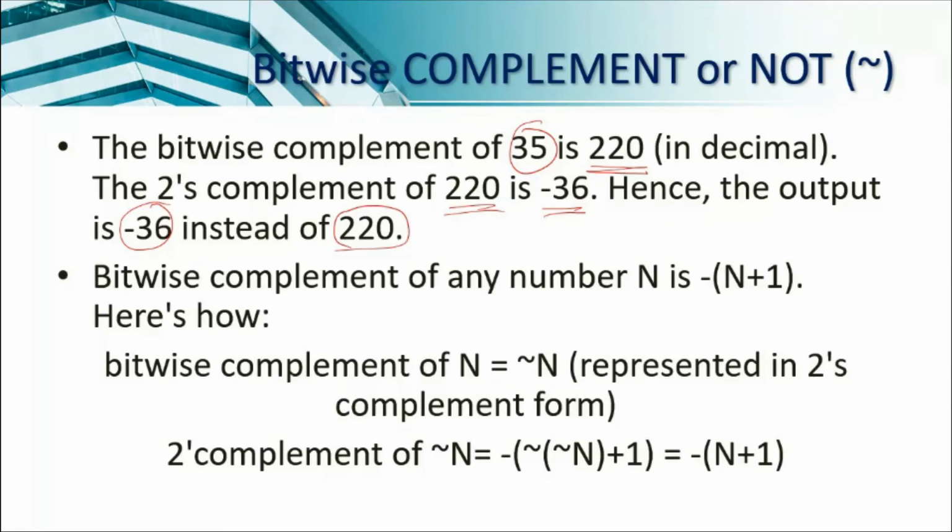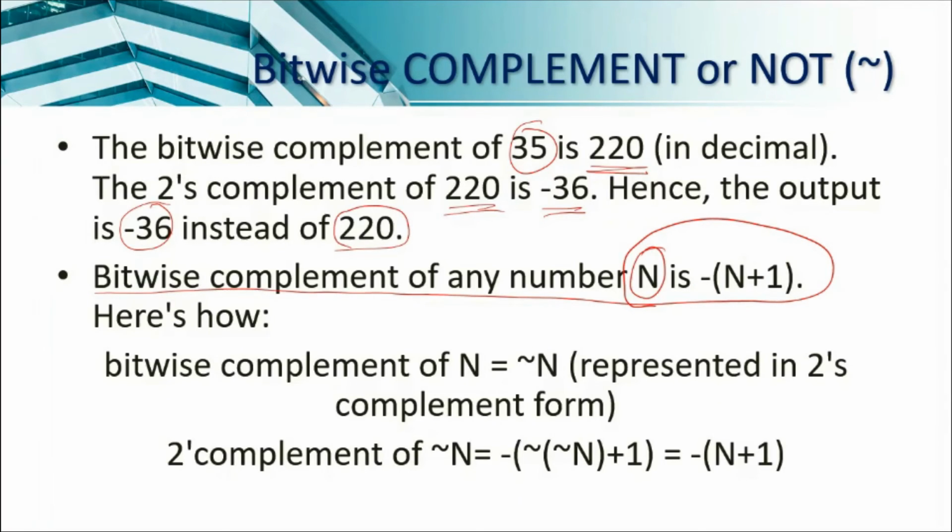That is actually what the bitwise NOT operator gives: the 2's complement of the complement of that particular number. So the bitwise complement can be directly found out using this particular relation. That is, the bitwise complement of the number n is minus of n plus 1.